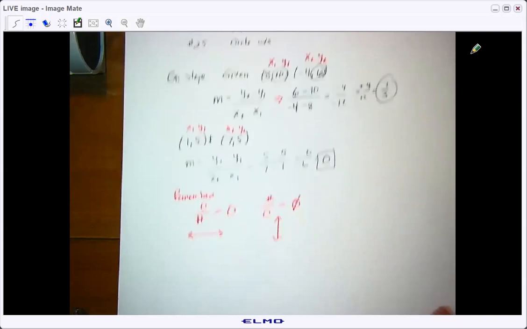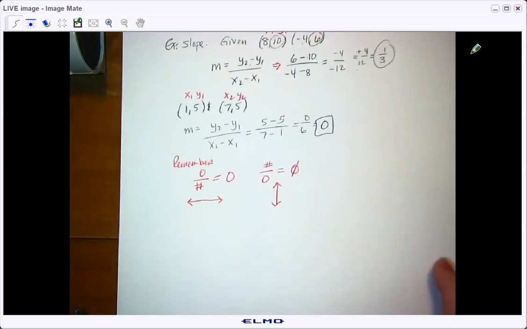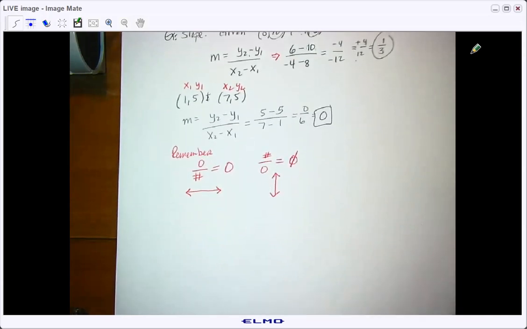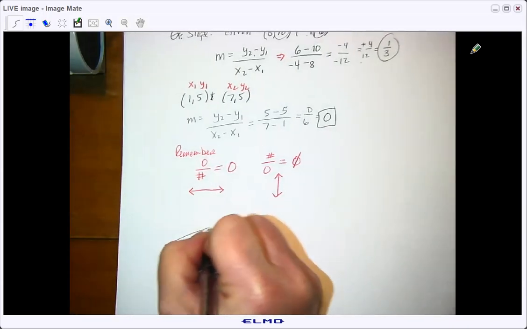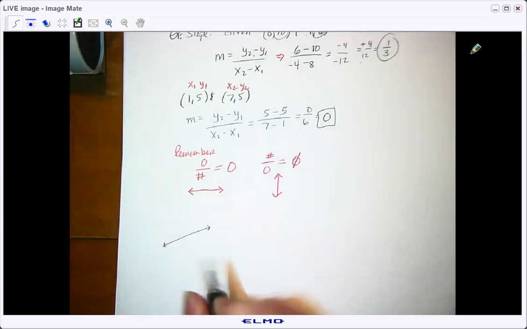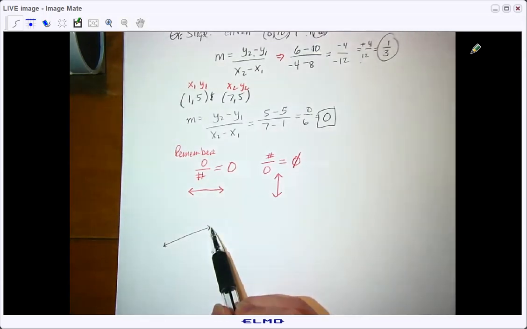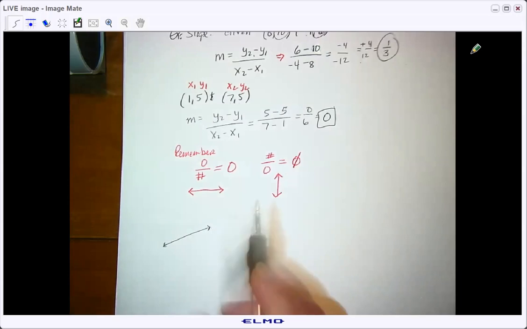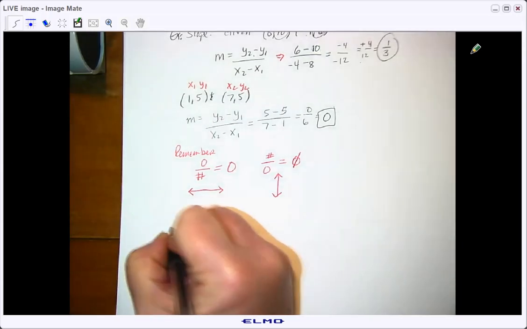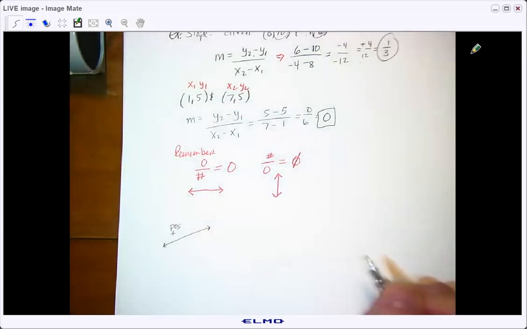In the notes, I actually talk about a roller coaster when we're talking about slope. Like this roller coaster, if you're thinking about Colossus, okay, this roller coaster is going up. Not very exciting yet, but this is an up, so this is a positive slope.